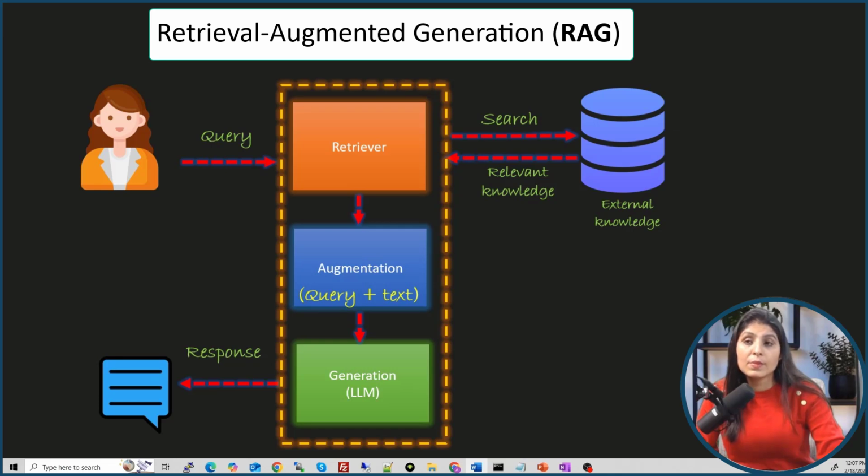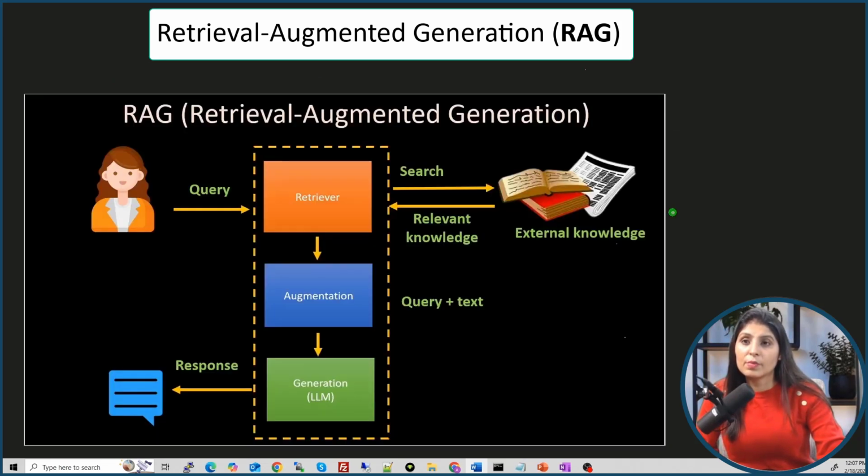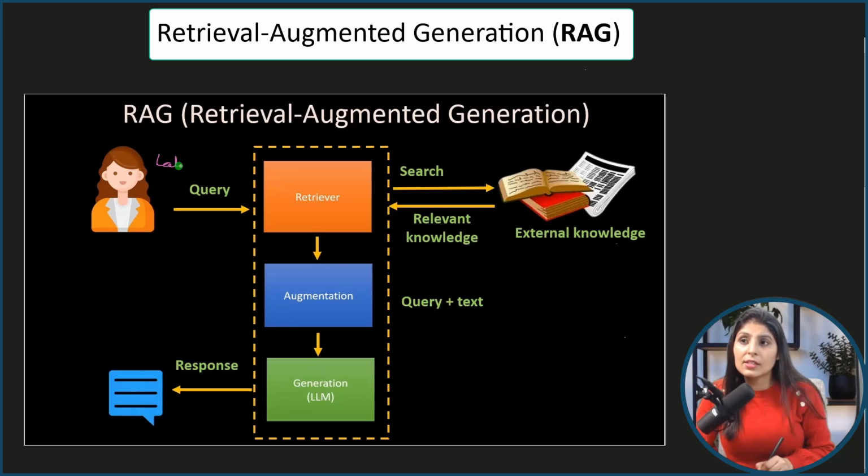RAG helps our LLM model fetch real-time information from external sources before generating an answer. So let's understand this. Look at this picture. The user asked a question. Let's say the user asked the question, latest AI trends. And we are in 2025.